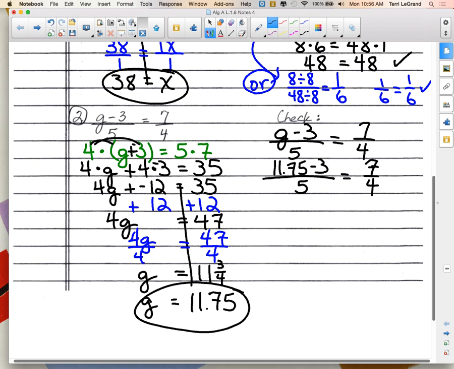And what's 11.75 take away 3? 8.75, or 8 75/100. So all we're going to do is that subtraction there.